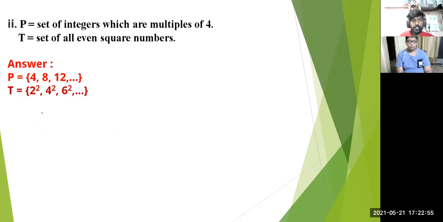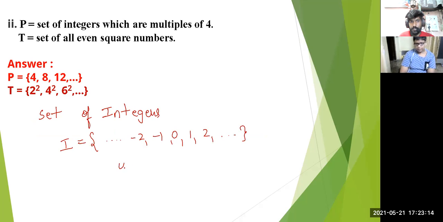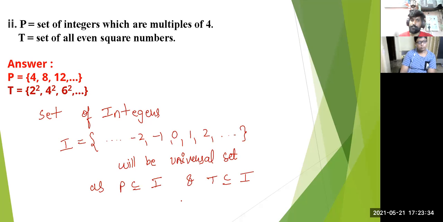So after this, you will write the set of integers, that is I, which is dot, dot, dot, -2, -1, 0, 1, 2, dot, dot, dot, will be the universal set, as P is a subset of I and T is also a subset of I. Is this clear, whatever I wrote? Yes? Okay.